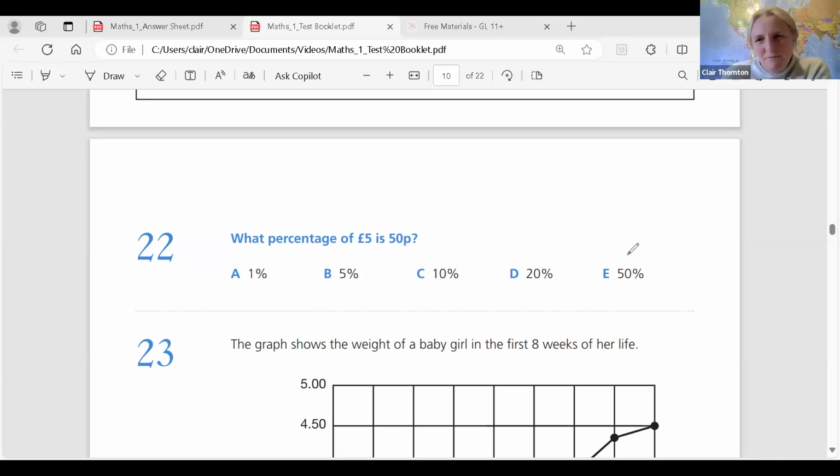I don't think it's going to be 50% because I know that's half. Okay, so straight away I can get it down to 4. I'm going to have a bit of a guess, okay, because I've had a think about it. I still actually can't remember what to do for a percentage. So really, that's not going to necessarily suddenly come to me. So what I'm going to do is try and move on from it. So I'm going to have a guess. I'm going to go for 5%, okay?